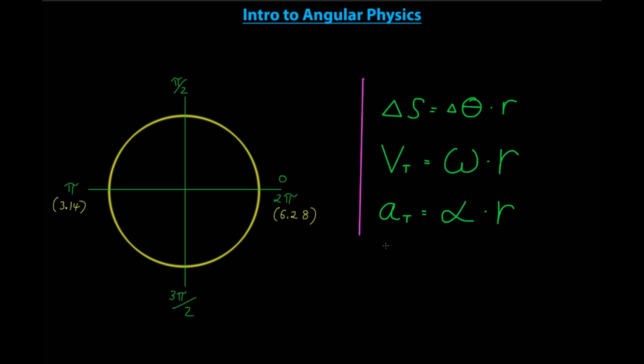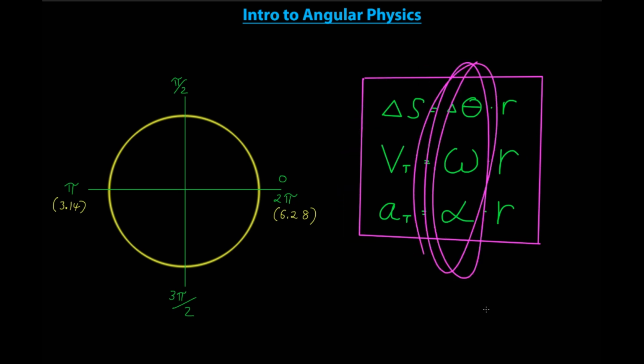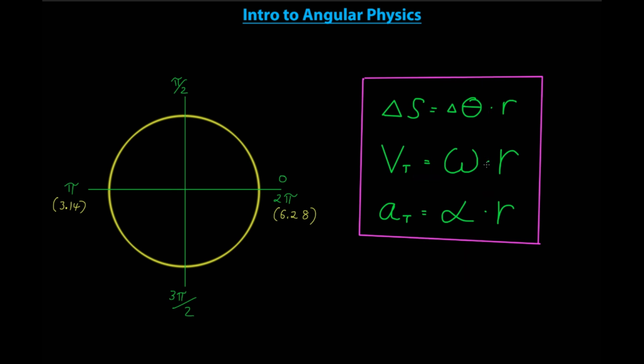All right, so take these three equations, put them in your notebook, box them, star them, circle them, do whatever you need to do to remind yourself that they are important. The reason they are important is because if you're going to translate from linear to angular, you must go through one of these three equations.